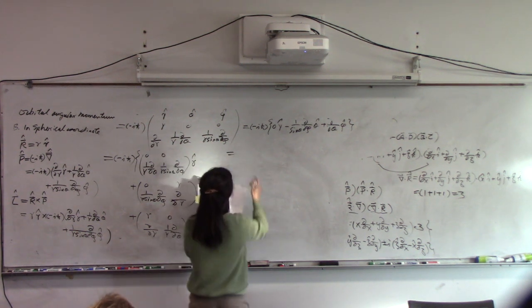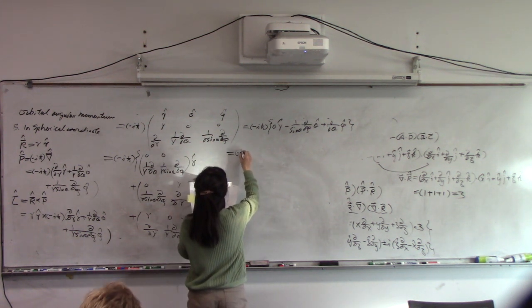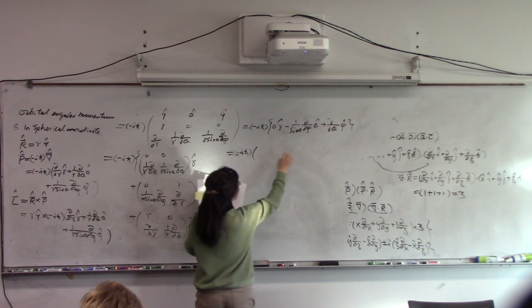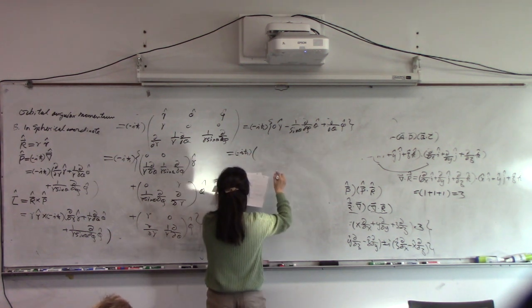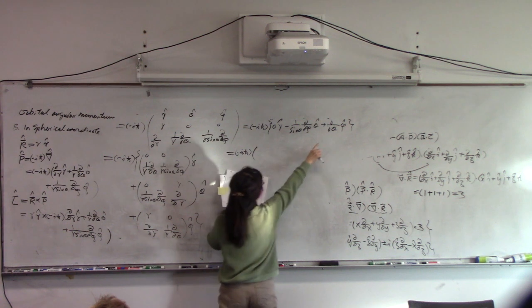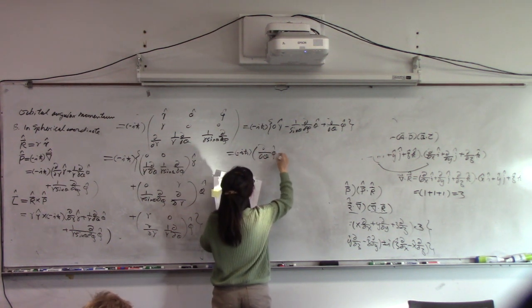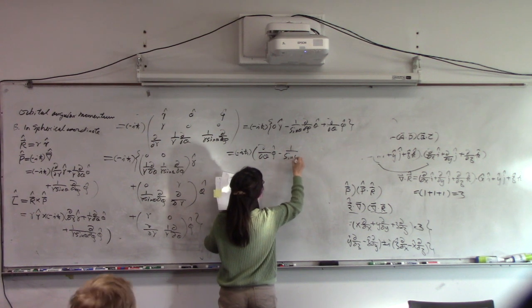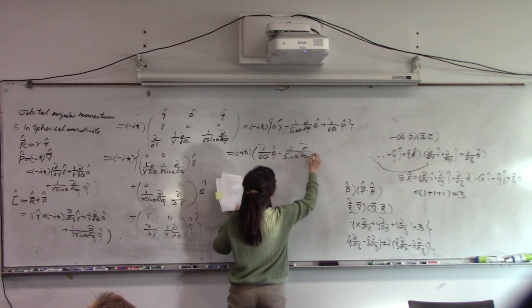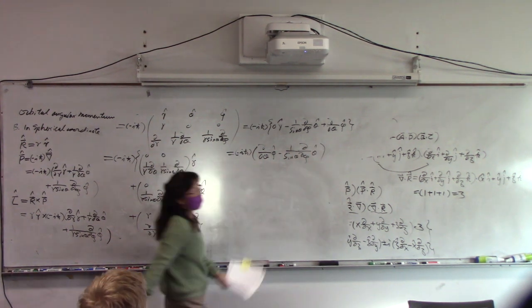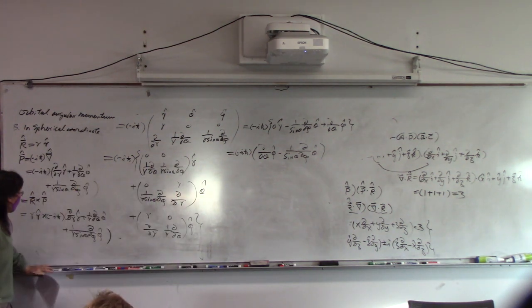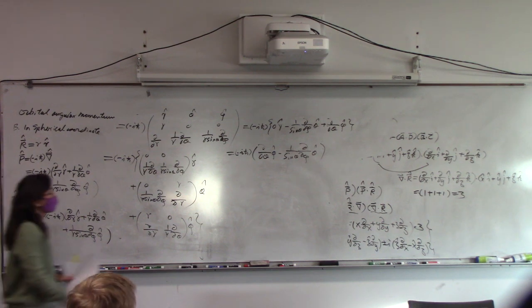So finally only two terms. This is the orbital angular momentum operator in spherical coordinates, the representation.